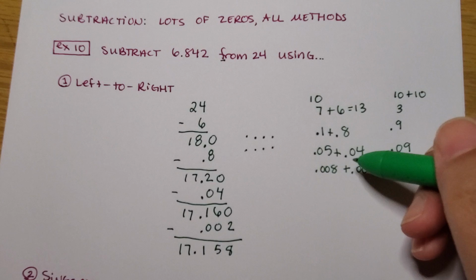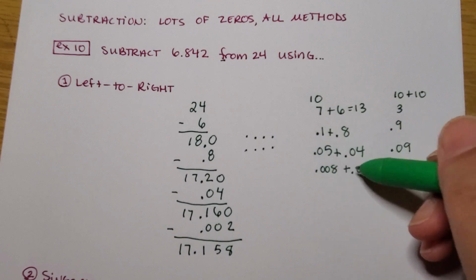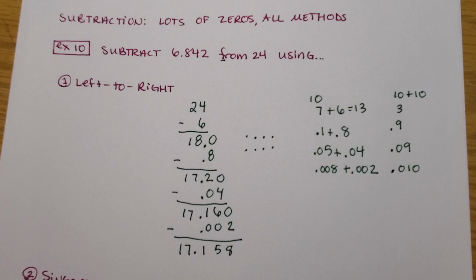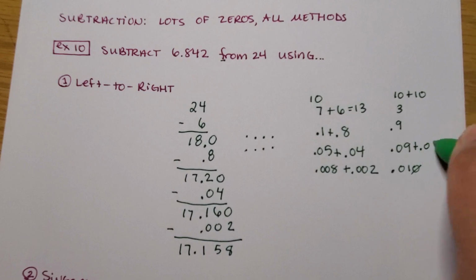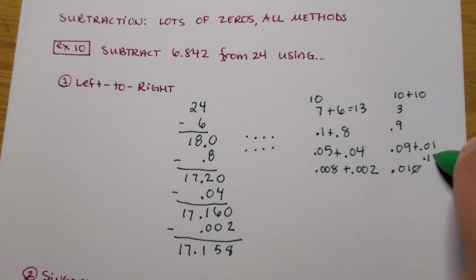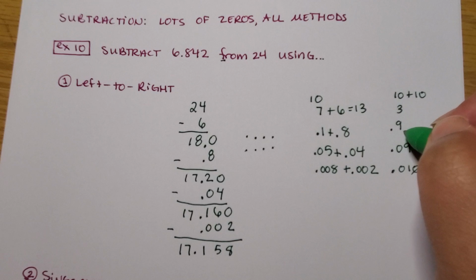And 0.008 plus 0.002 is going to be 0.010, right? So 8 and 2 make 10. So this is the same as just 0.01, which is going to make 0.10. I'm running out of paper here, which is the same as 0.1.